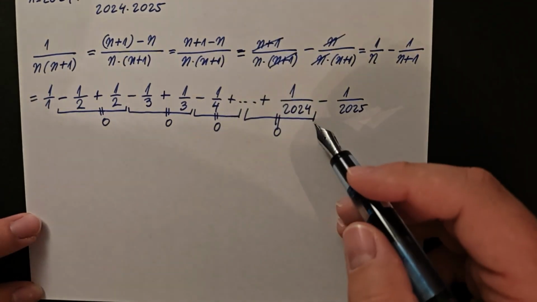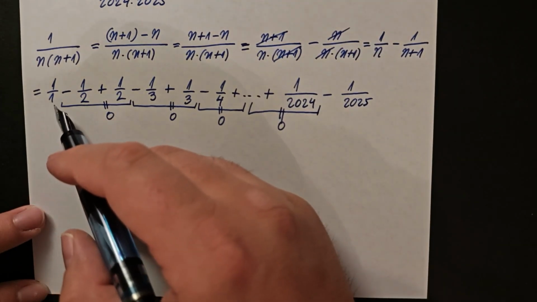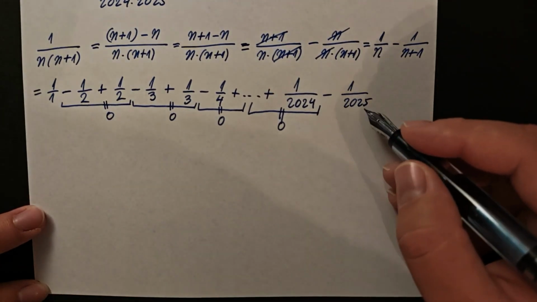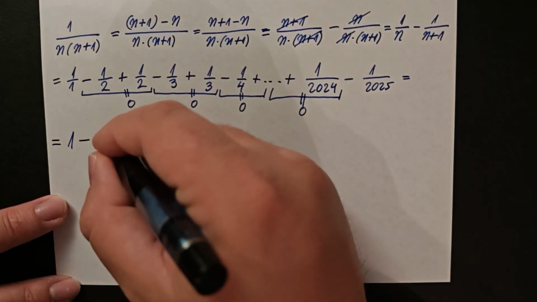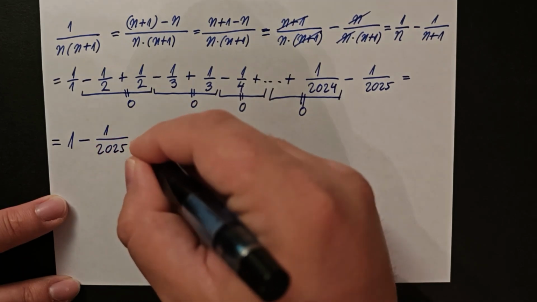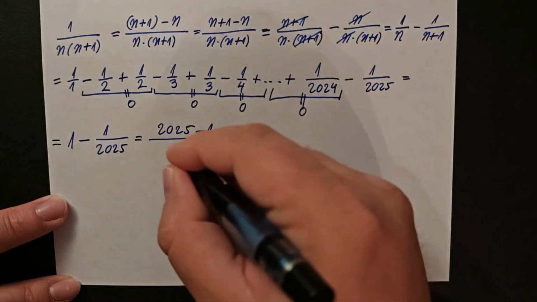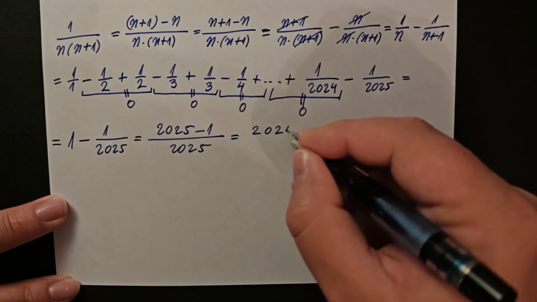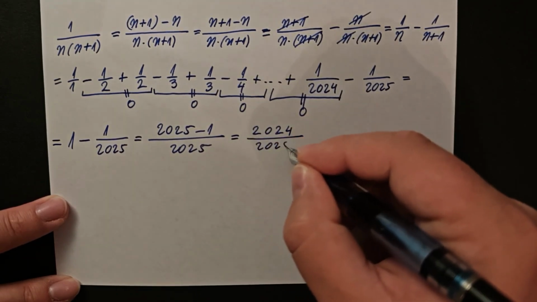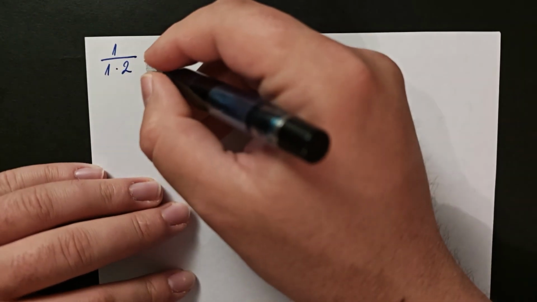So everything is going to fall into 0 except the first term of 1 and the last term of negative 1 over 2025. So we have 1 minus 1 over 2025. And this is equal to 2025 minus 1 divided by 2025, which is finally going to give us a result of 2024 over 2025.